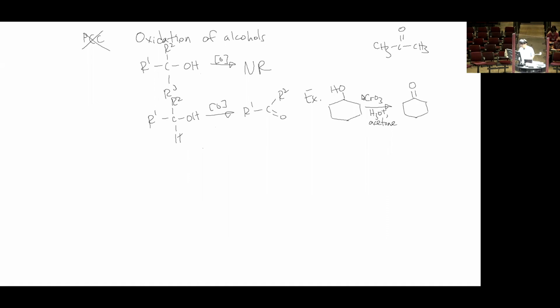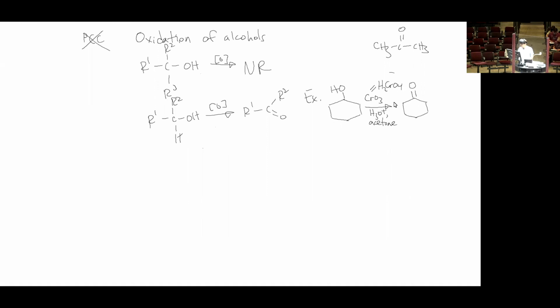And so the chromium 6 here is our major reagent. That's our oxidizing agent. I'll just let you know, you might also see this set of reagents written as H2CrO4. And it's the same thing. Chromium trioxide is just the acid anhydride of chromic acid.